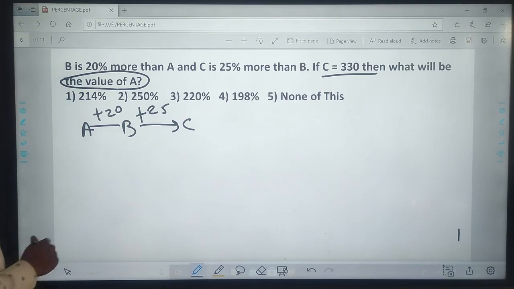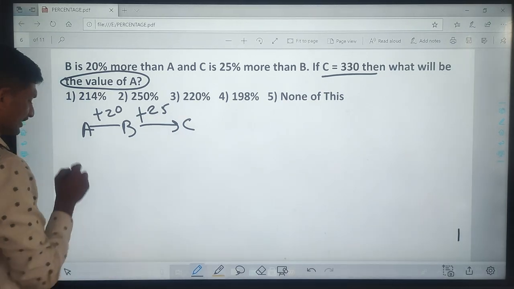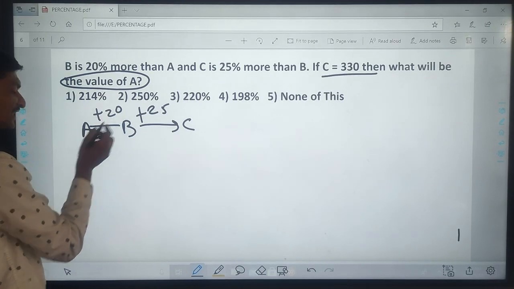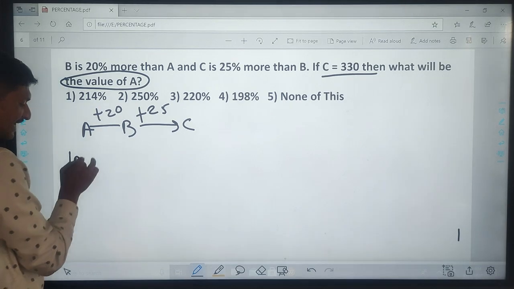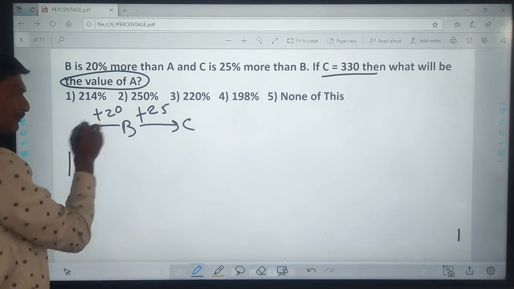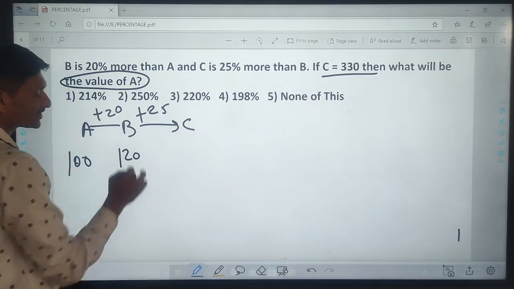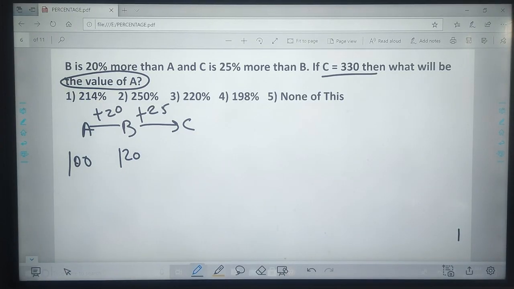Now here, we write A, B, C. B is 20% more than A. Now here we take A is 100, then B comes 20% more, that is B is 120.